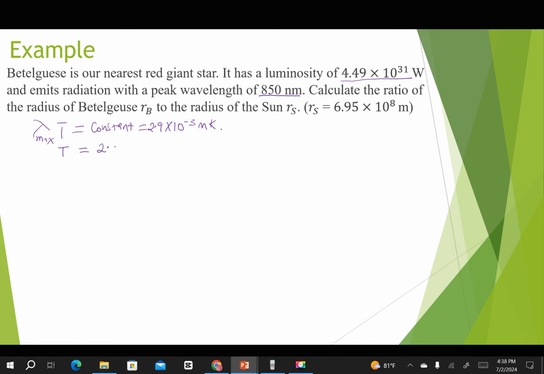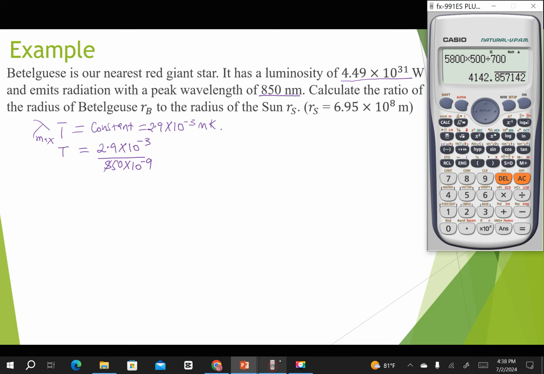So it will be 2.9 times 10 to the power of minus 3 divided by lambda max, which is 850 times 10 to the power of minus 9, nano being minus 9.